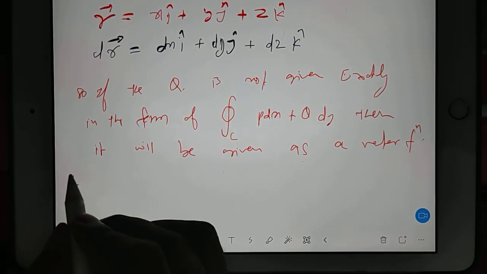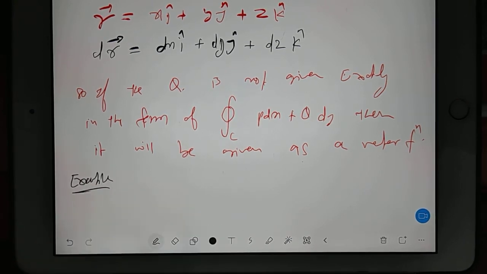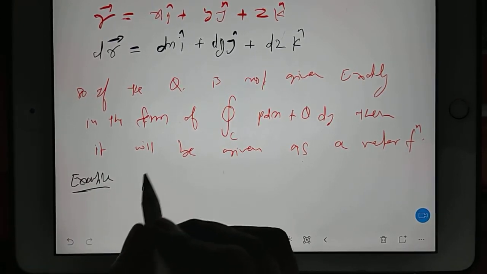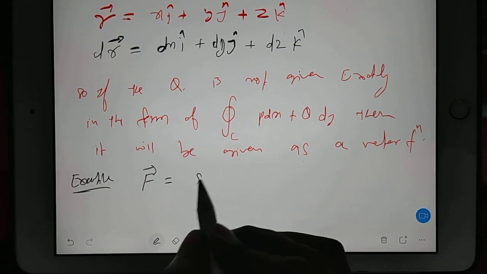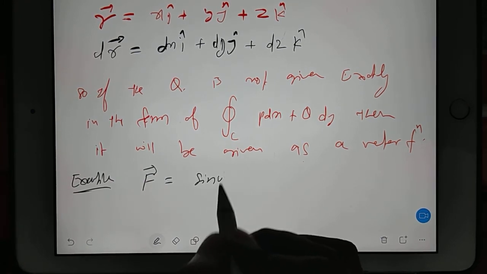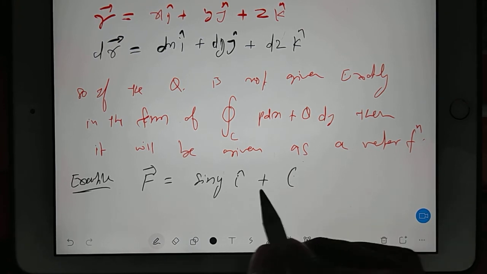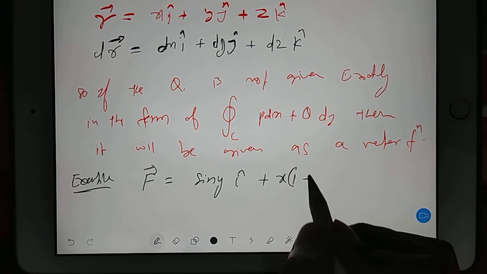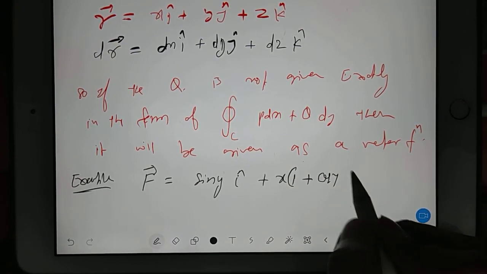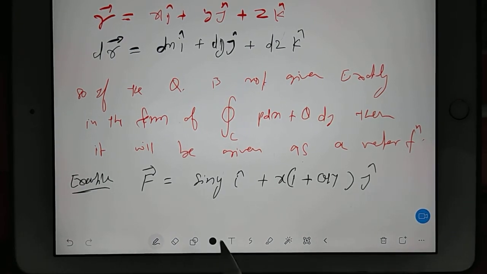Example: F equals sin y i plus x(1 plus cos y) j.